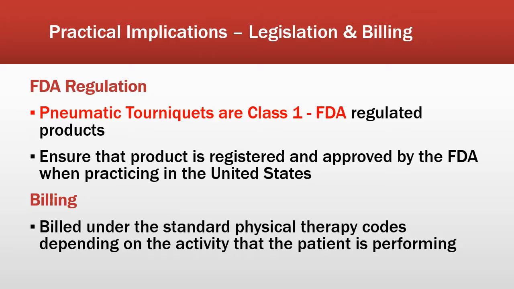So I guess the long story short, if no company had registered their cuffs, then the FDA doesn't have a specific classification. However, because they do have the pneumatic tourniquets, which are used in surgery, and companies have already registered, that means every other product or competitor that has the same intended use needs to be registered. So you can't use cuffs in a medical setting if they're not FDA registered.